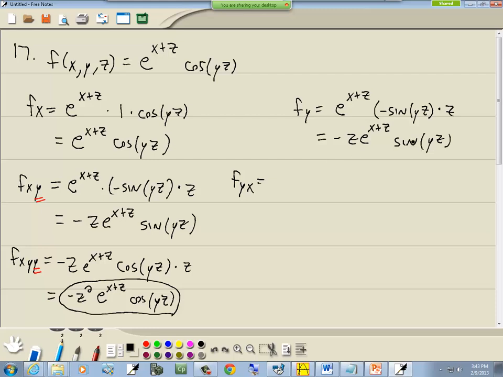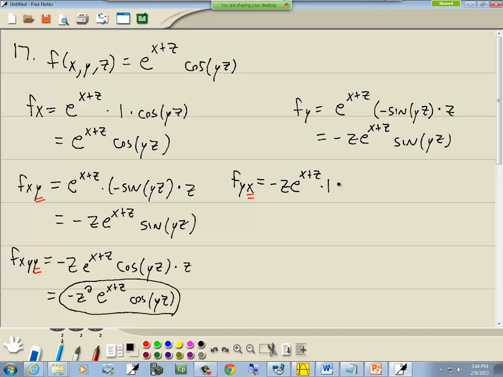Okay, so sine yz is a constant. The negative z is a constant. The only thing that has an x in it is the e to the x plus z. So the partial of this with respect to x is going to be negative z e to the x plus z. Now normally we would multiply times the derivative of what's inside the exponent, but the derivative of x plus z with respect to x, because that's what we're working with, is 1.